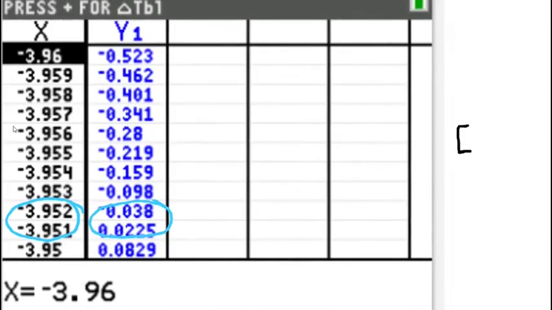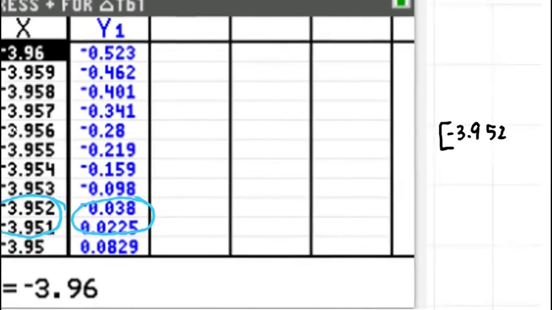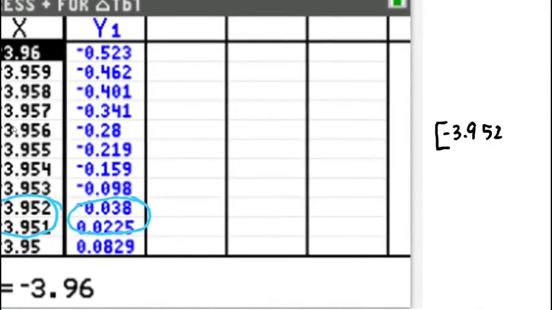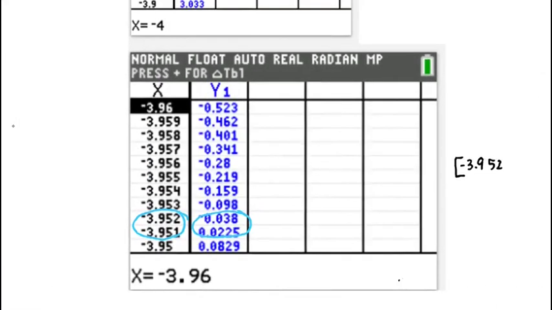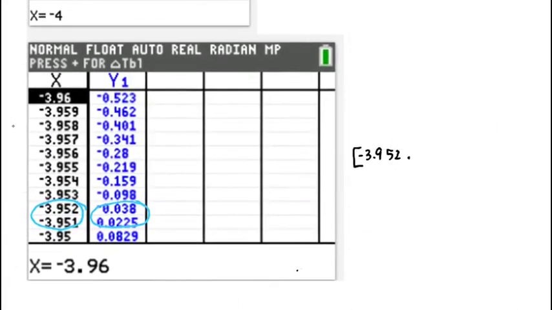So now we've narrowed the 0 down to be in between -3.952 and -3.951. And so since the 0 is in between those two values, we know if we round to 2 decimal places, that 0 would be -3.95.